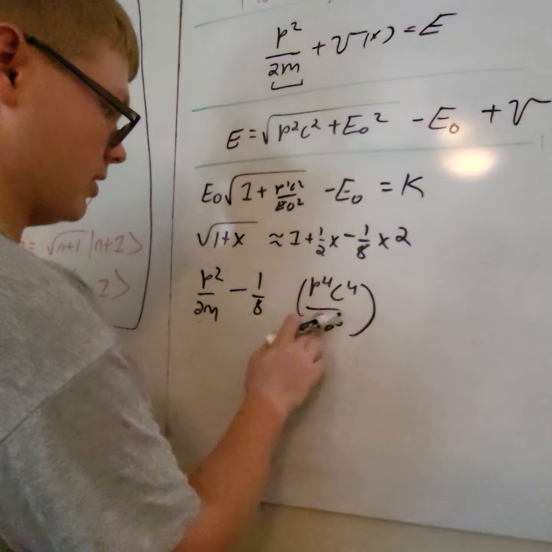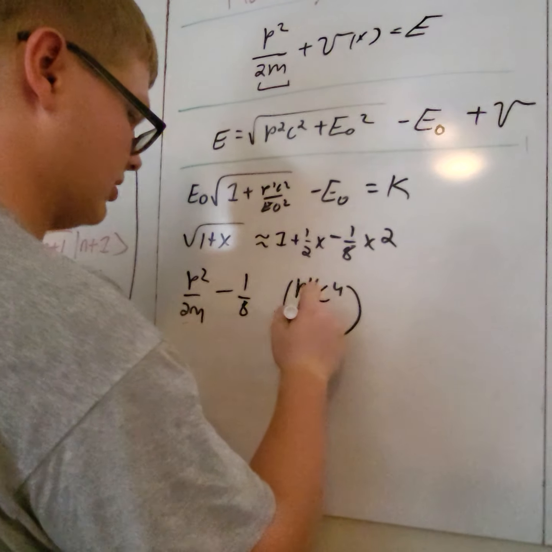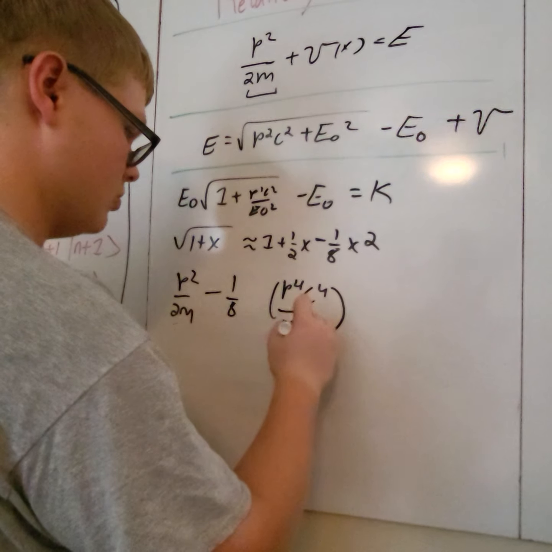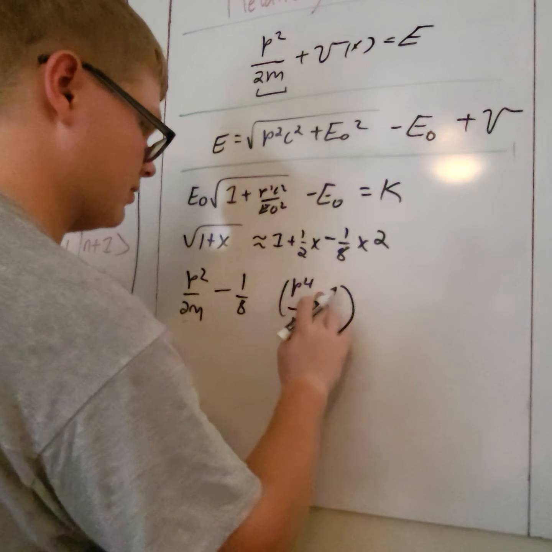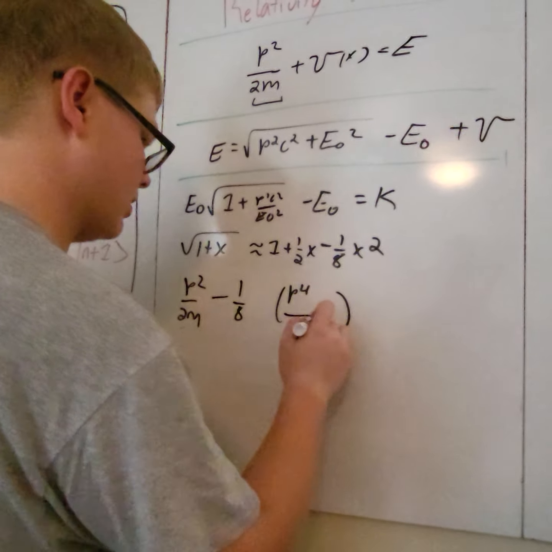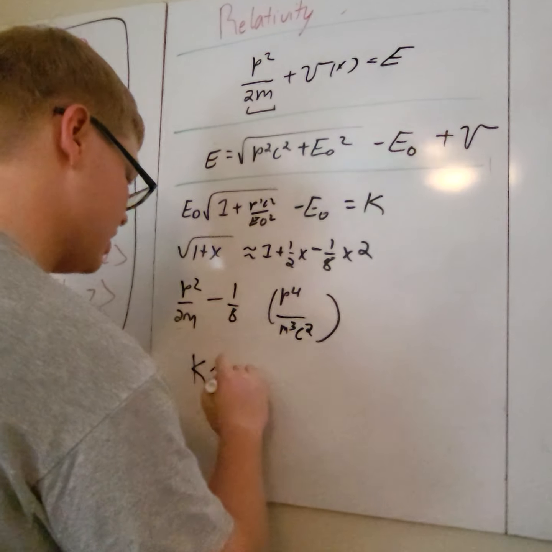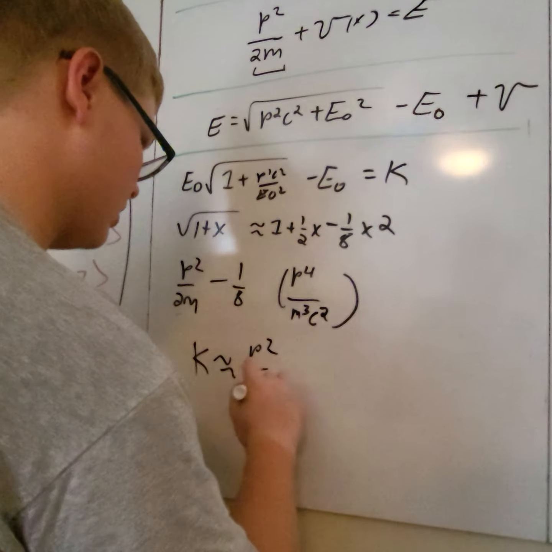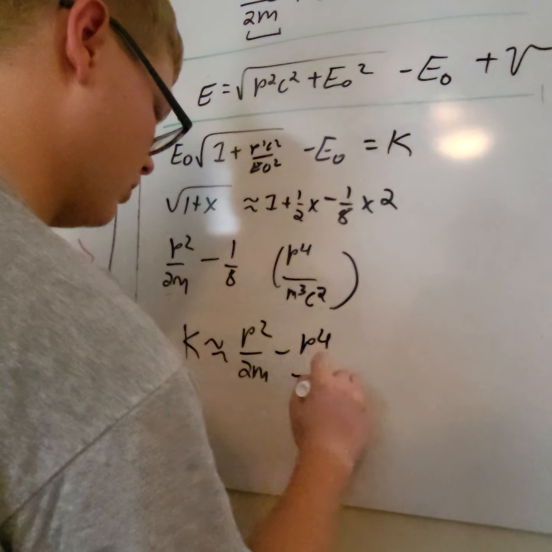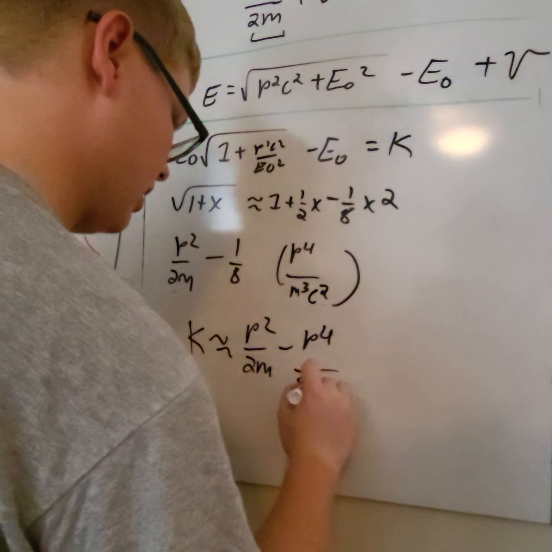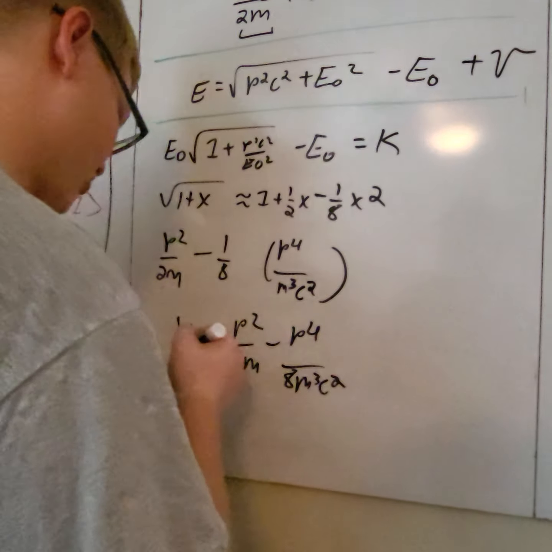And we're going to replace that: mc squared, m cubed, c to the 6th, that'll cancel out c squared. So kinetic energy is equal to p squared over 2m minus p to the fourth over 8 m cubed c squared.